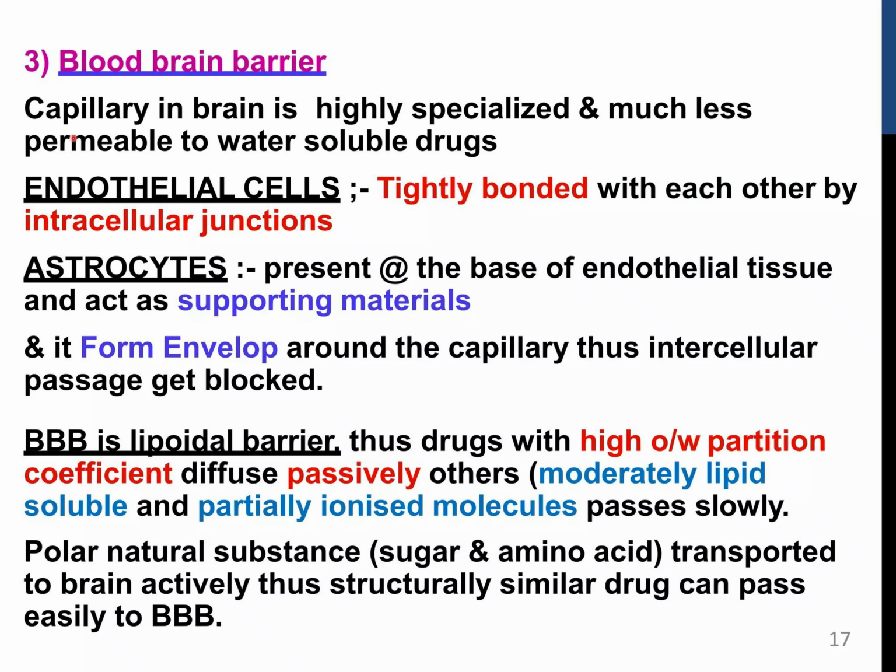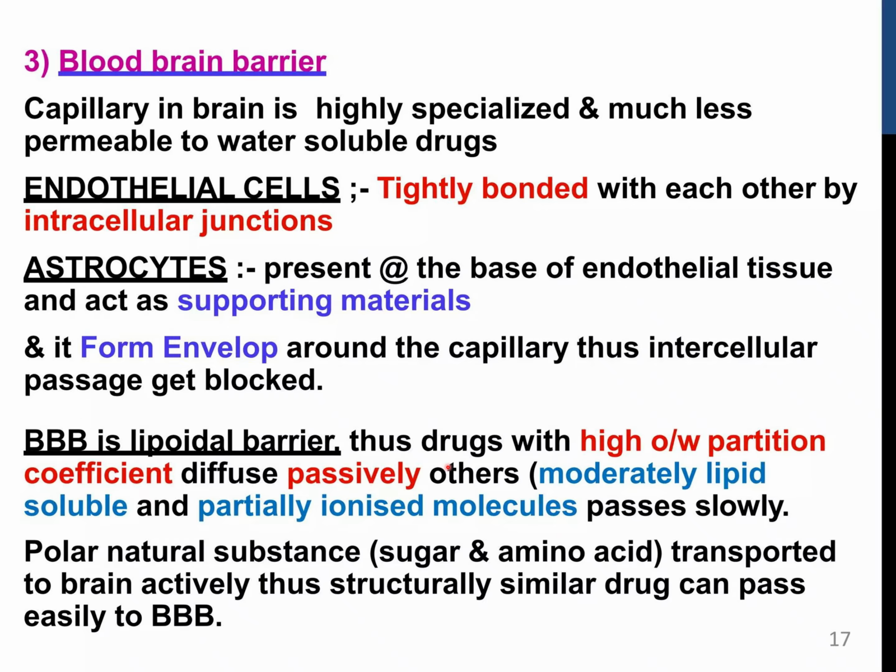Then the most important barrier in our body is the blood-brain barrier. Capillaries in the brain are highly specialized and much less permeable to water-soluble drug. Endothelial cells are tightly bound with each other by intercellular junctions. Astrocytes are present at the base of the endothelial tissue, act as supporting material, and form an envelope around the capillary, thus intercellular passages get blocked.